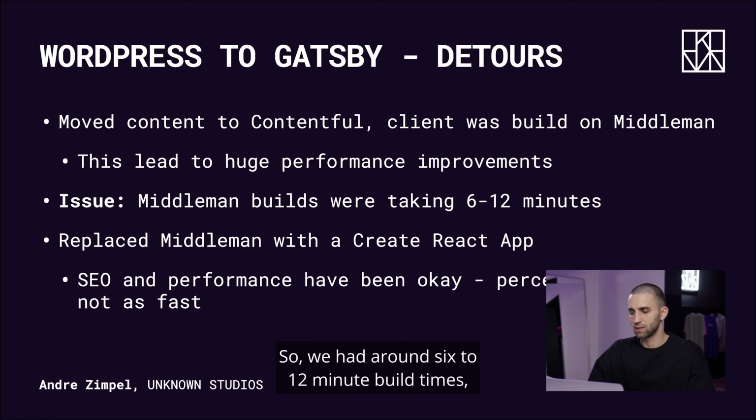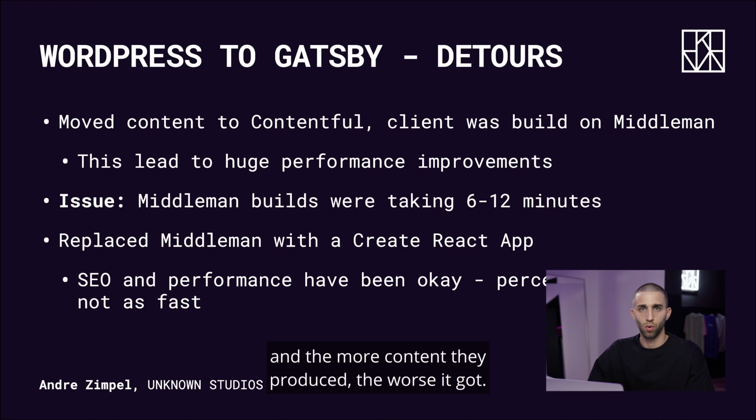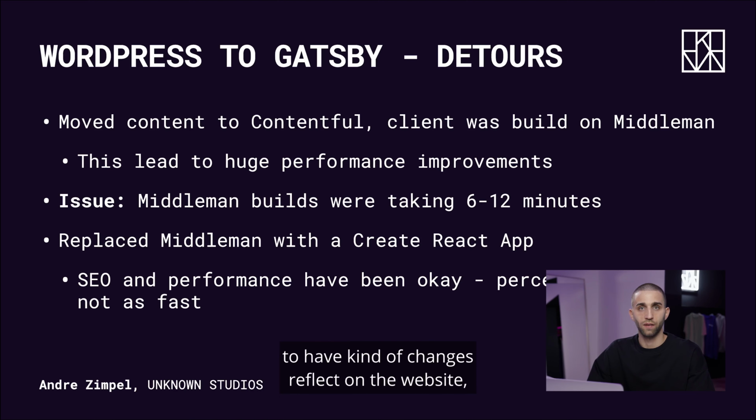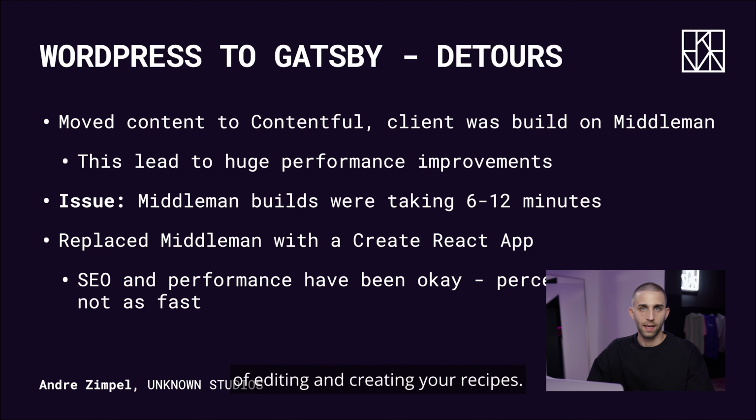We had around 6 to 12 minute build times, and the more content they produced, the worse it got. For two editors updating the website every day, it's really hard to wait 6 to 10 or 12 and sometimes even 15 minutes to have content changes reflected on the website, because that really slows down the whole workflow of editing and creating your recipes.